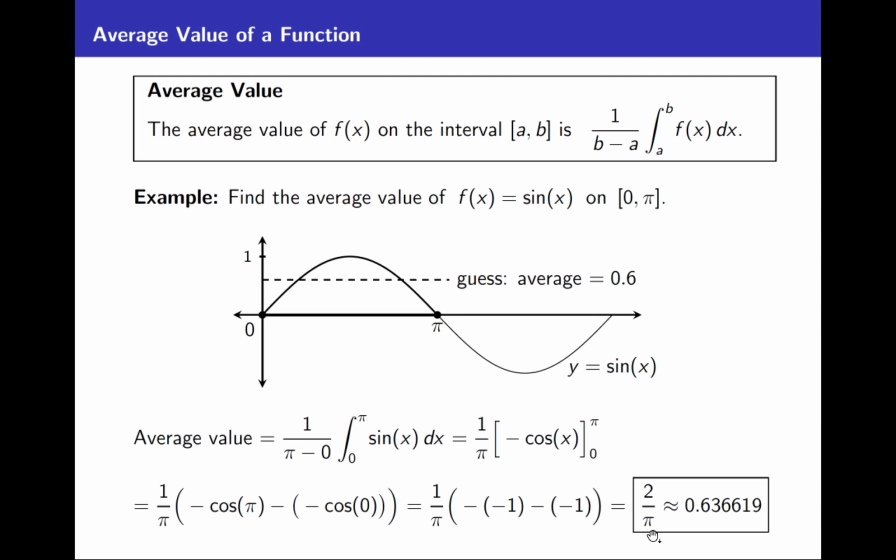And that's 2 over pi. And if you take out a calculator to check, that's approximately equal to 0.636619. And it certainly supports our guess, our supposition, that the average value was somewhere around 0.6. Well, it's precisely 2 over pi.